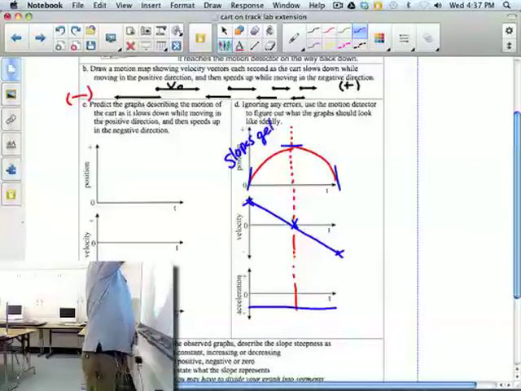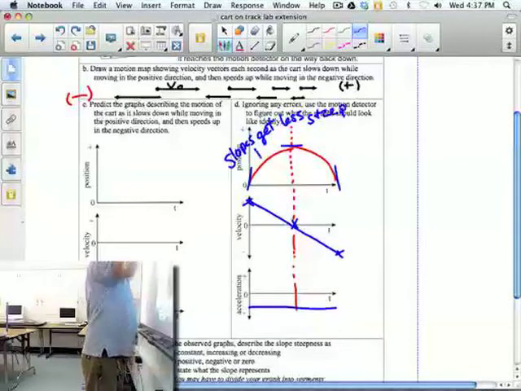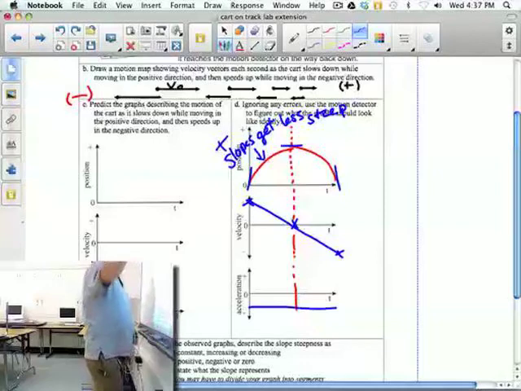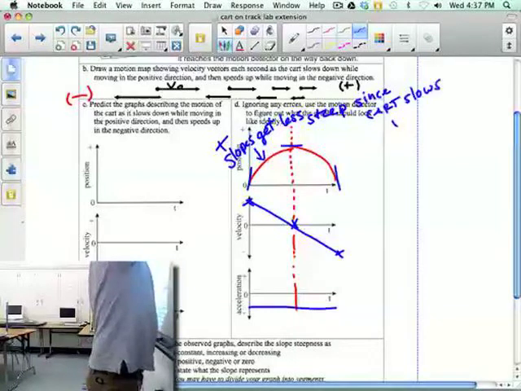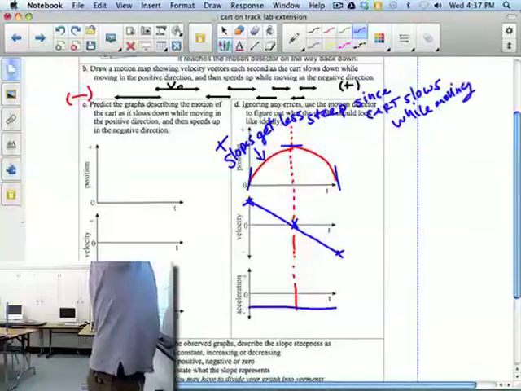get less steep on this side, and these are positive slopes, and that's because the cart slows while moving in the positive direction.